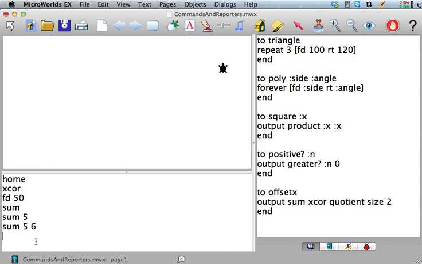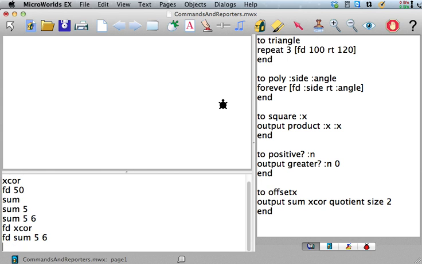Then we saw that we can put together commands and reporters by using the reporters to report information for the command. So we could say forward xcor, or forward by the sum of 5 and 6, or forward by the sum of 5 and xcor. Ooh, went backwards.